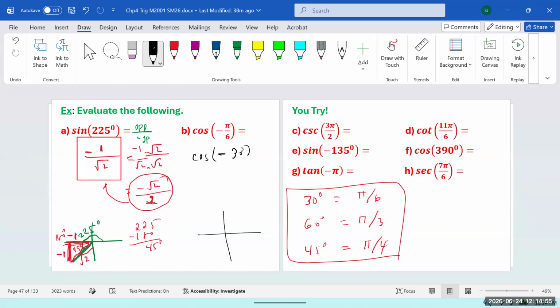Fourth quadrant. It's negative, so you're going to go downward from your x-axis. Negative 30 degree. So what type of triangle do we have? 30, 60, 90. So if this is 30, this one must be 60.